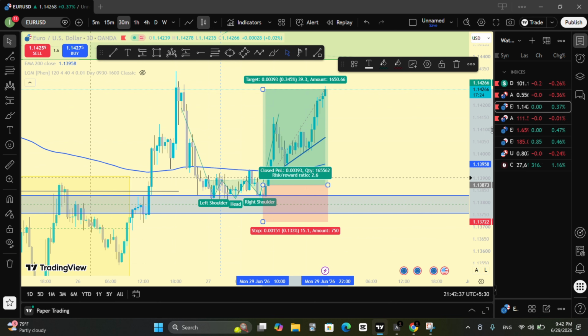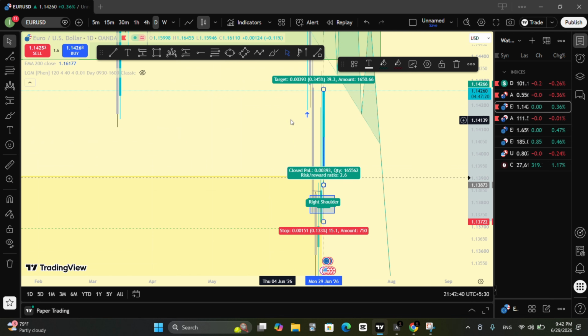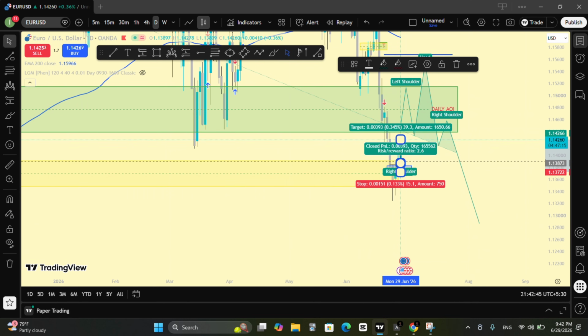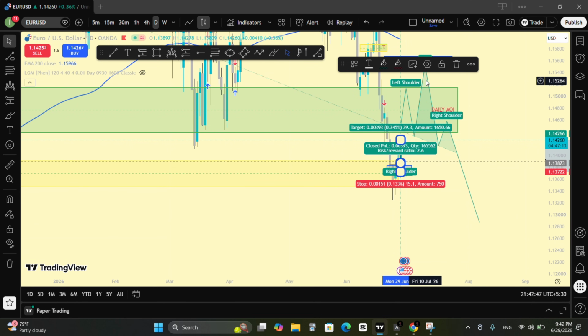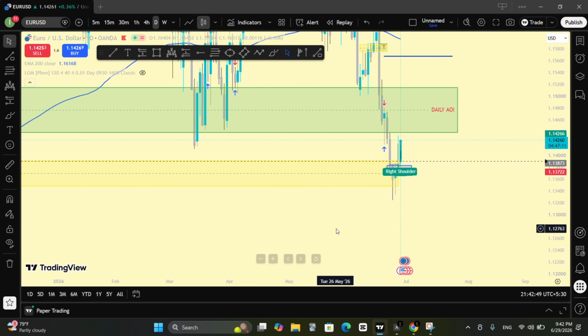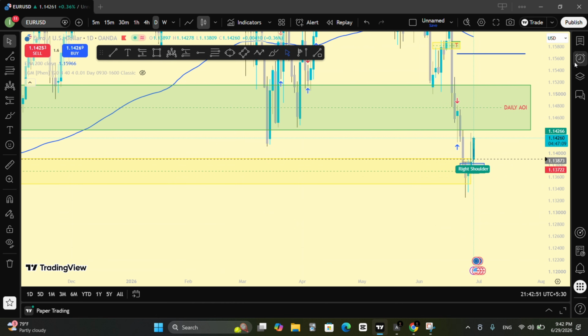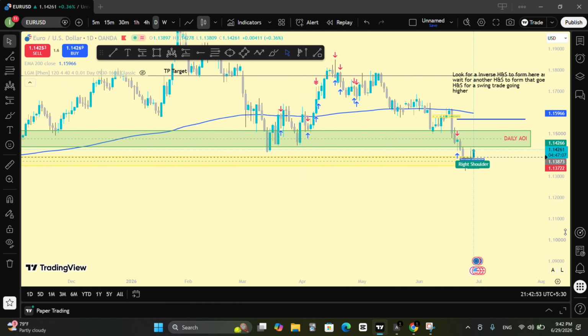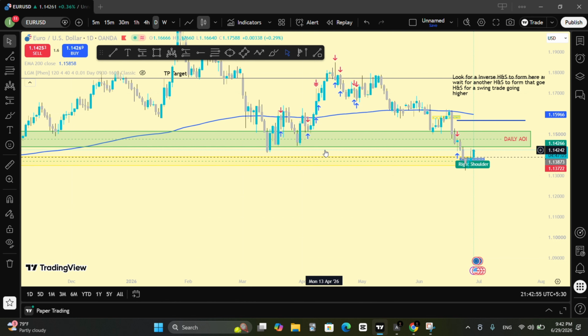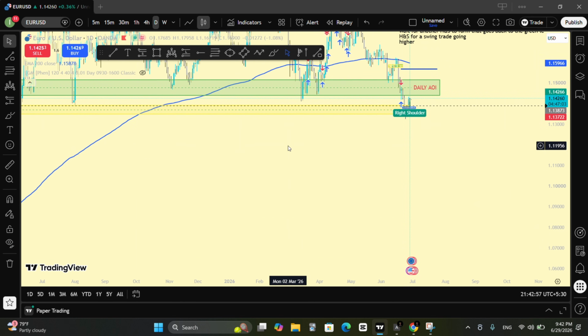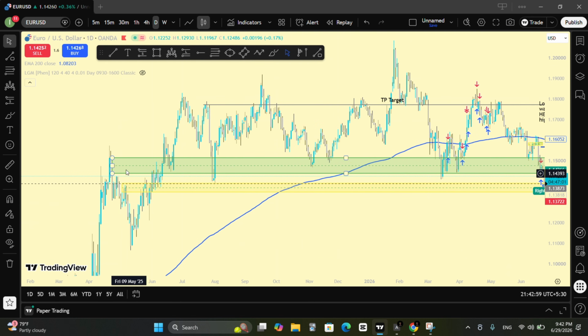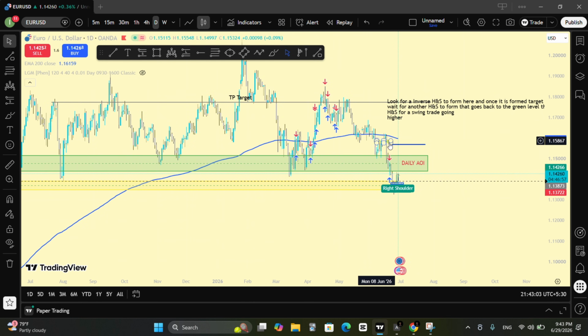So the next trade that I'm looking for is, if you go to the daily chart, you can see the Euro USD has broken this daily area of interest right here, and if you just zoom out even more, you can see this area of interest has been retested multiple times, right here, and here two times, and one time here.